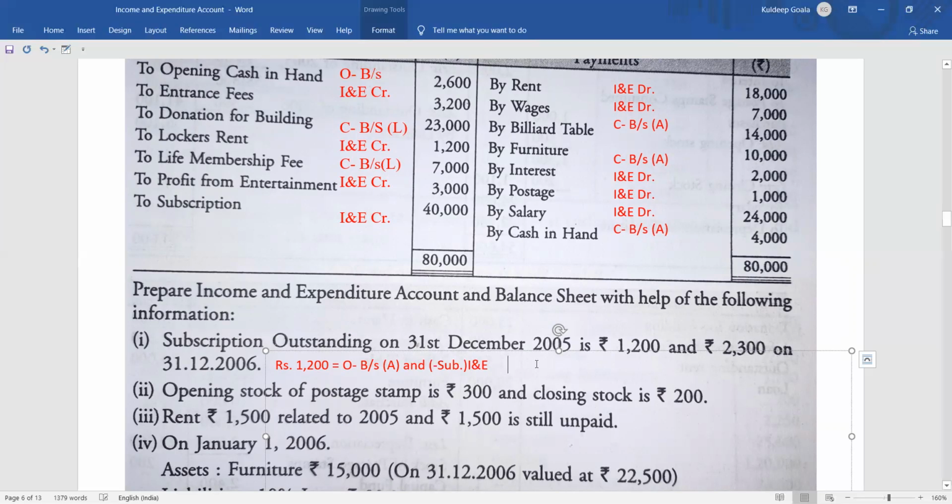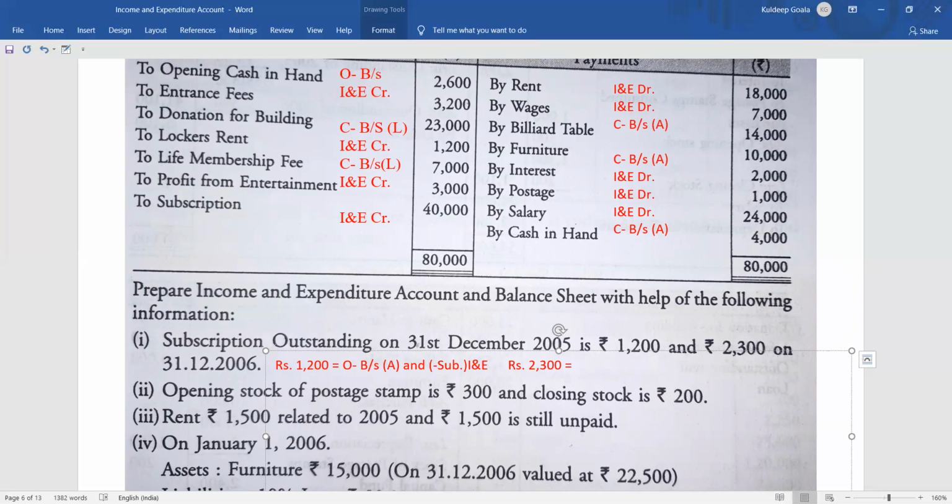Now for the remaining part, rupees 2300 on 31st of March 2006. So this rupees 2300 were outstanding on 31st March 2006, right? So what will happen there with this amount?